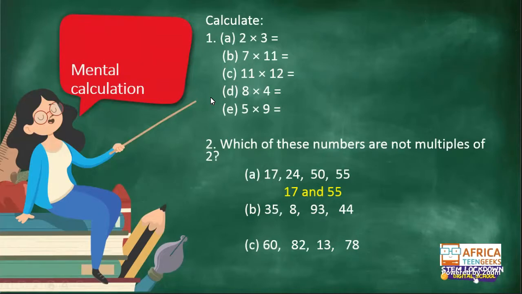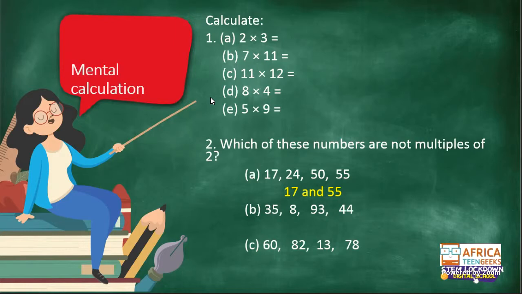All right, we're looking at number 2. Which of these numbers are not multiples of 2? For A, it is 17 and 55, and I've already given that away.